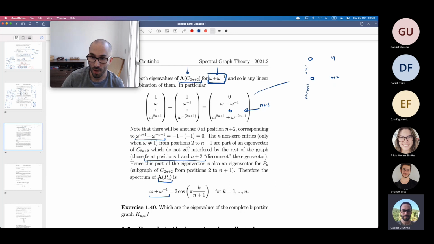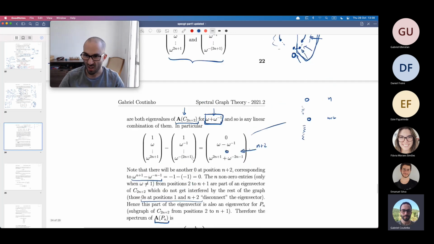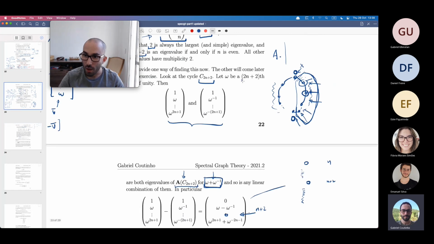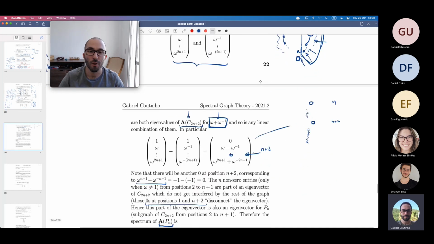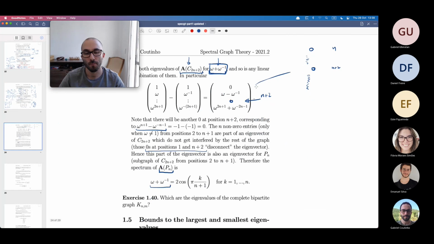Recall now that omega is not the nth root of unity, it is the 2n plus 2th root of unity. Right, so omega is e to the 2 pi i k over 2n plus 2.